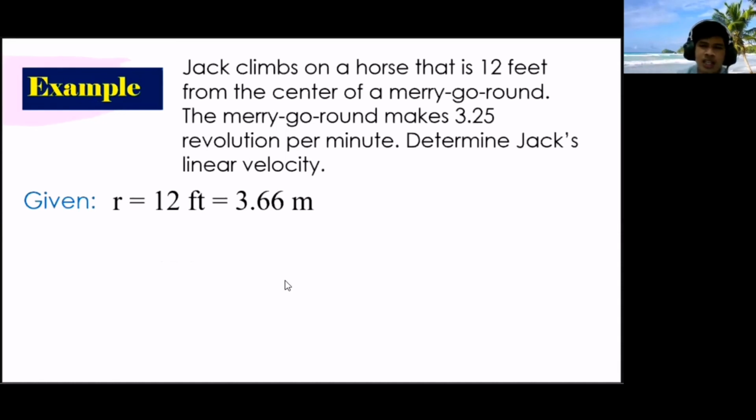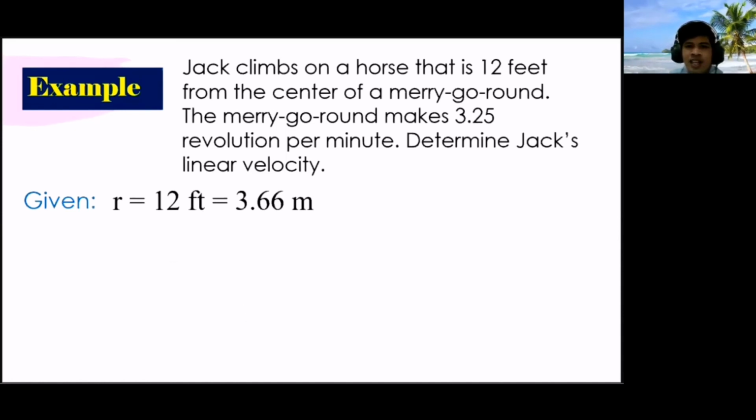I will accept feet per second for your velocity, but meters per second would be better, because that is the standard unit of measure. So R equals 12 feet equals 3.66 meters.